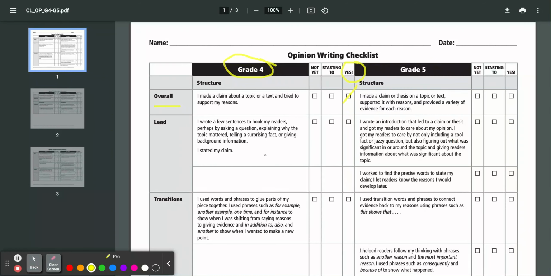So, did you start with a hook followed by your claim or thesis? Maybe you did a hook, but you didn't write your claim. So, I would write starting to, and I would kind of underline or note that I didn't write my claim, so I know that later when I go back, I can go ahead and add that. Let's keep going.